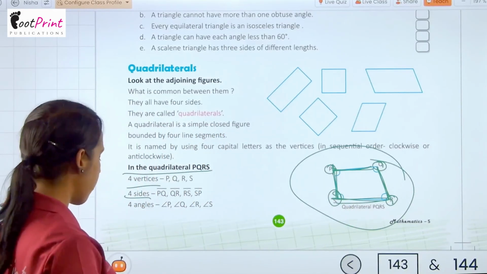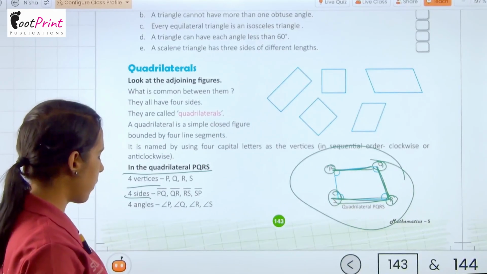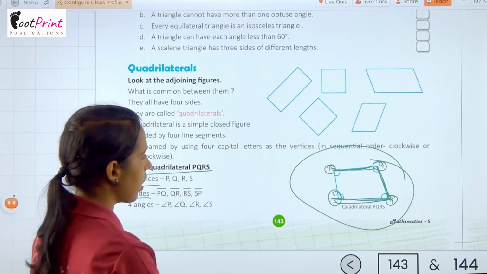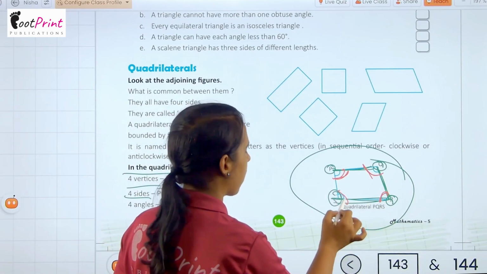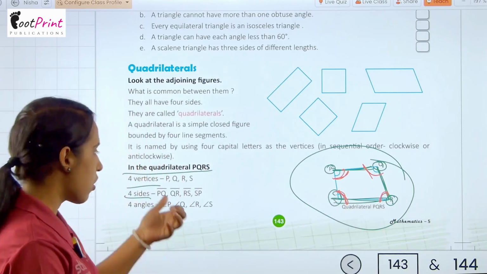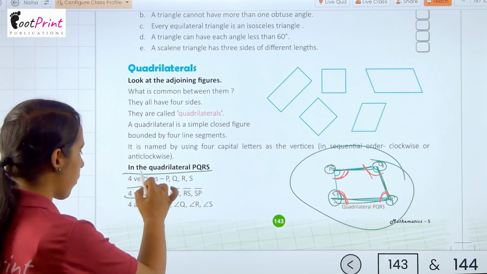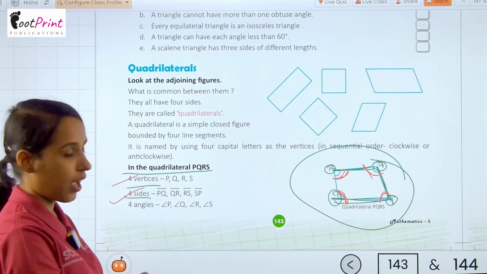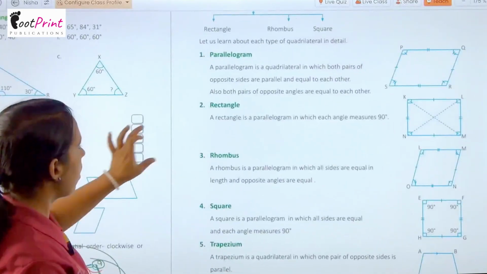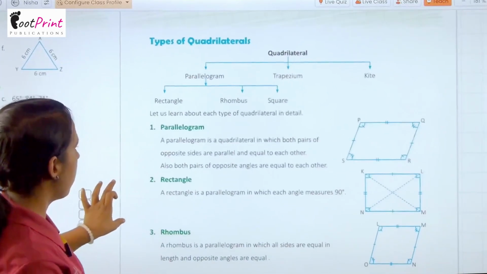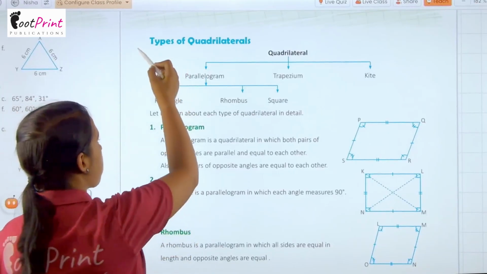And 4 angles also, that is angle P, angle Q, angle R, angle S. So in a quadrilateral we have 4 vertices, 4 sides and 4 angles.